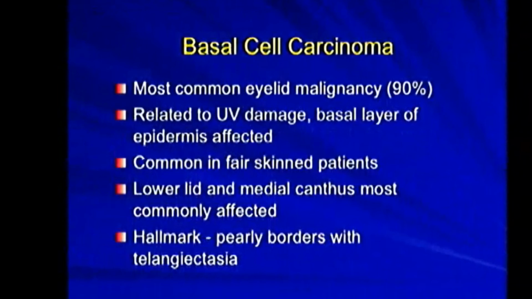You can see the ulceration, you can see the telangiectasia, and you can see the destruction of the architecture of the eyelid, loss of lashes, and you can see the pearly borders. So all the signs, you see them in this clinical photo. Again, just to stress the importance of the characteristics of malignant lesions: ulceration, induration, irregularity, destruction, non-tenderness, telangiectasia, and pearly borders.